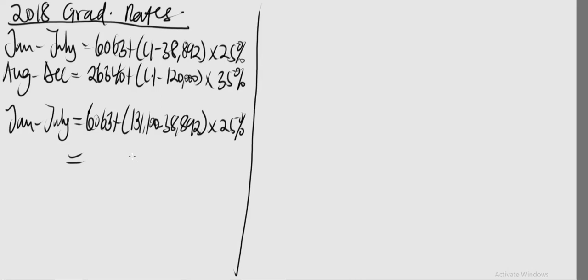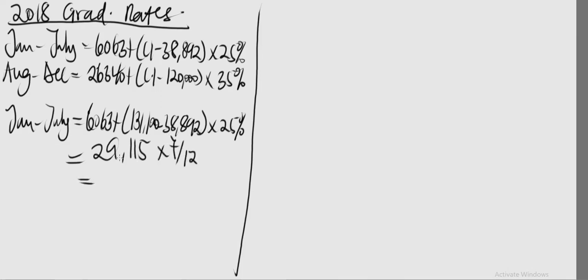So that gives us 6,063 plus 131,100 minus 38,892, all at 25%. That gives us 29,115, but we need 7 months of this.